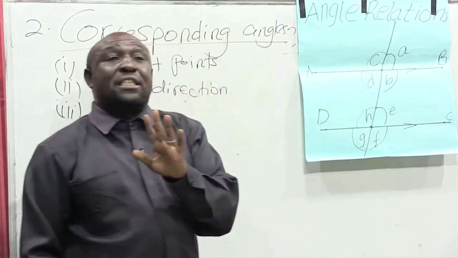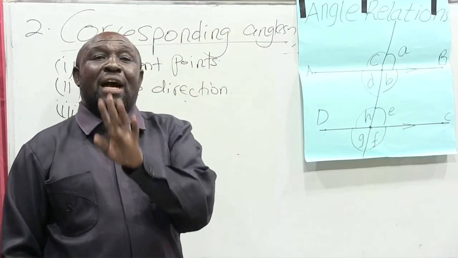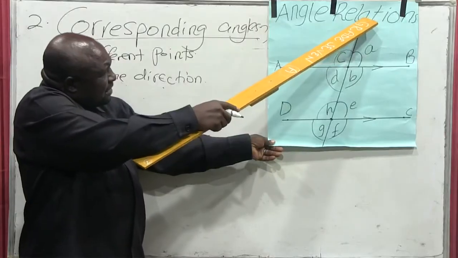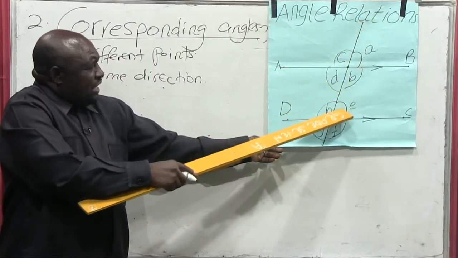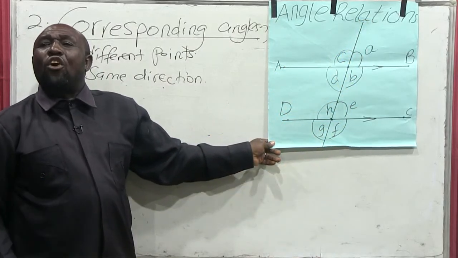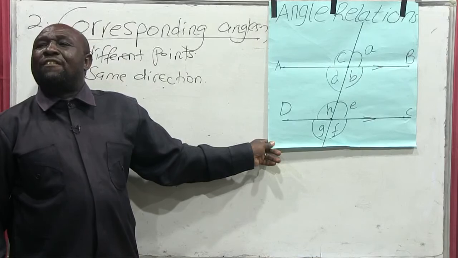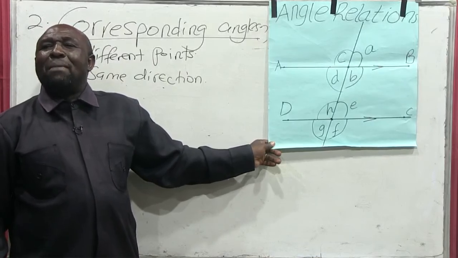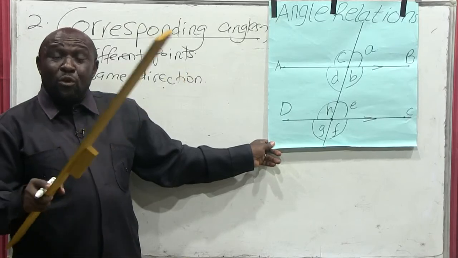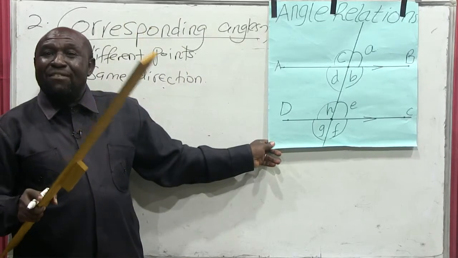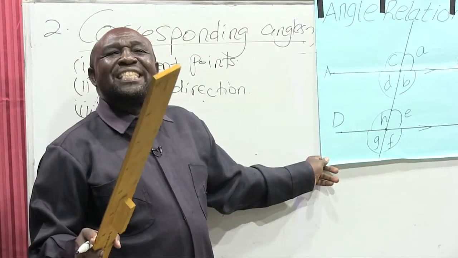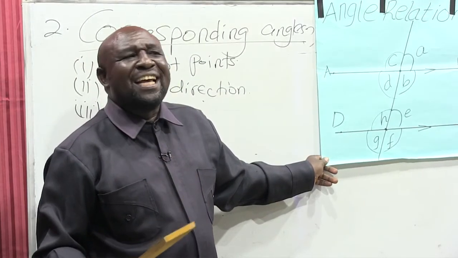They don't meet. They don't cross each other. Now, this line which is crossing the two lines is known as transversal line. Remember, TV line, not a TV which you are using at home, but TV, transversal lines.